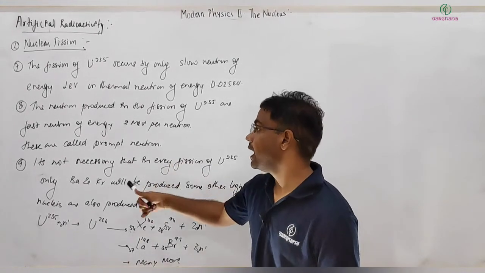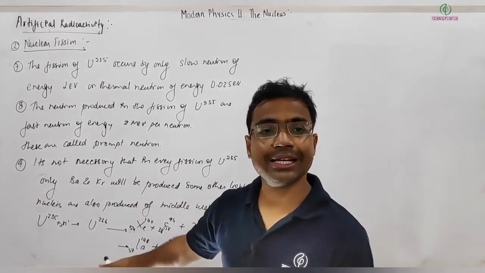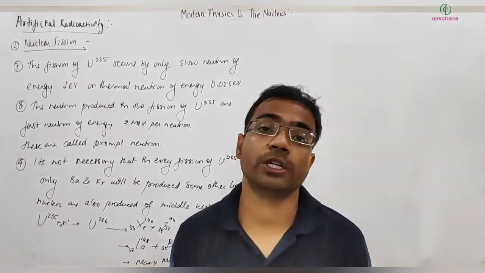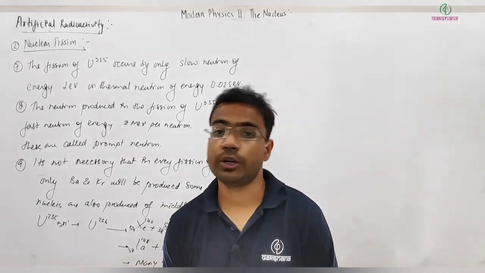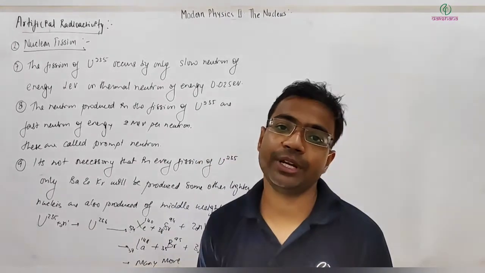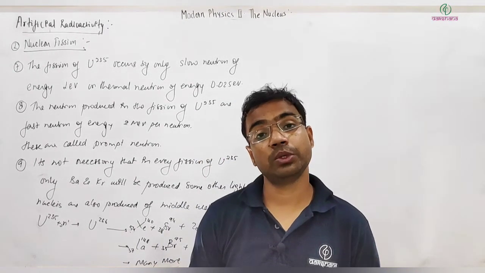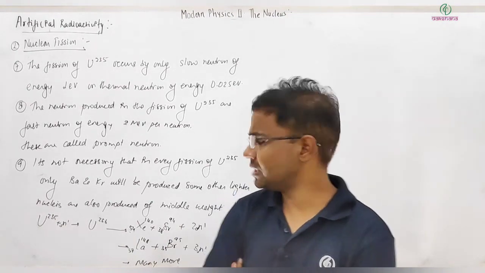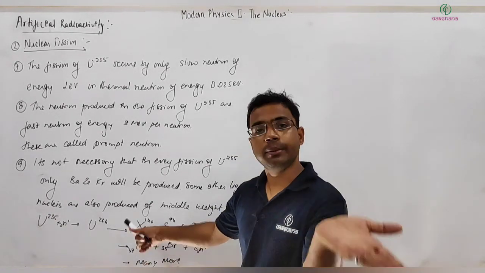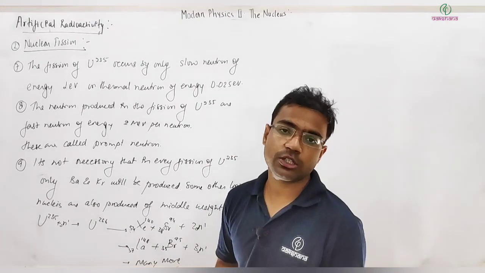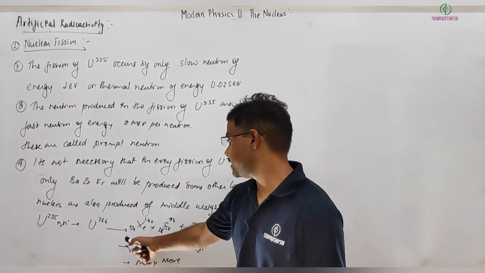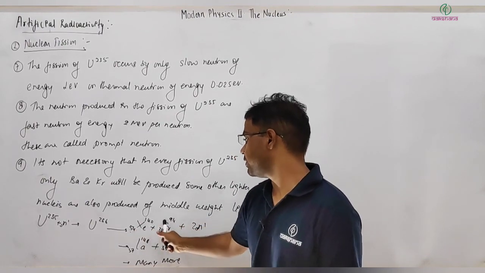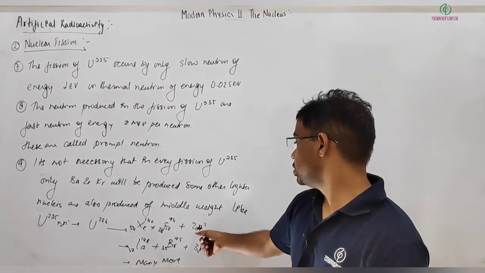I wrote one example where uranium-235 was breaking down into barium and krypton. It's not always necessary that uranium-235 breaks down into barium and krypton. It can break down into other medium-weight nuclei too, like xenon and strontium, with mass numbers 140 and 94, with the release of 2 neutrons.